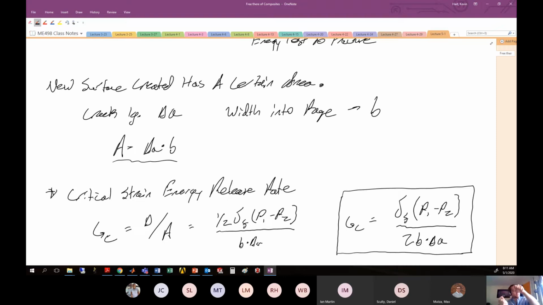So you load, load, load, you see the crack jump, okay, you know what crack jump was associated with what reduction in load. Then you keep loading, then you have another reduction in load, another crack propagation, another reduction in load, another crack propagation, so on and so forth. So you can build multiple crack openings and energies for each associated failure inside of your experiment.